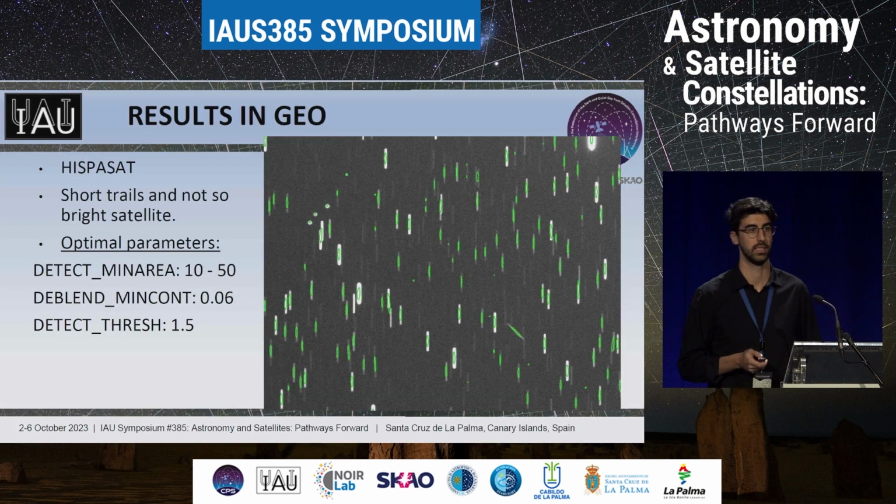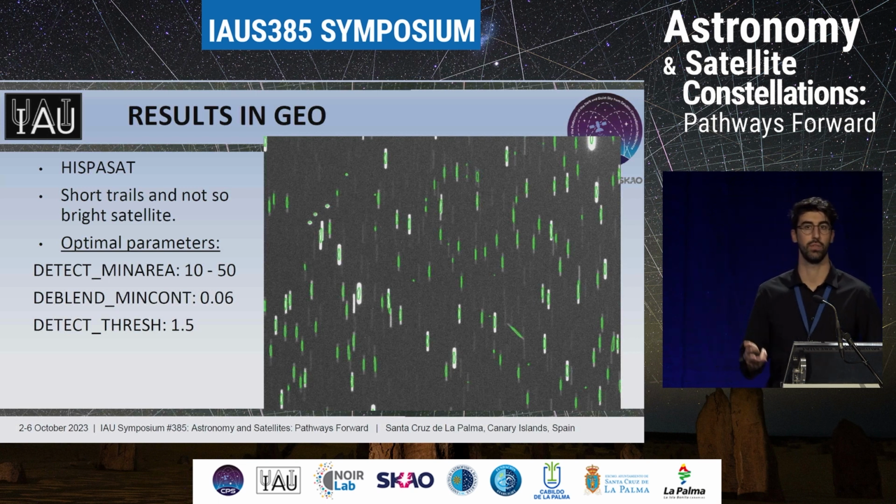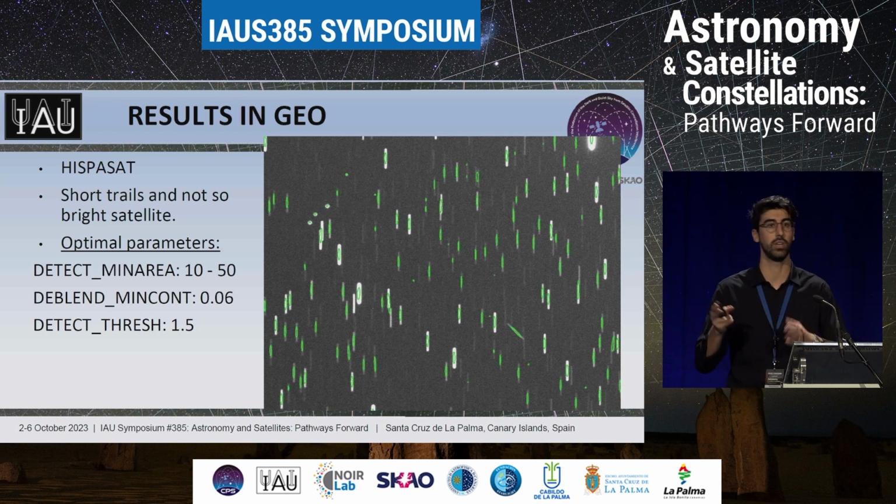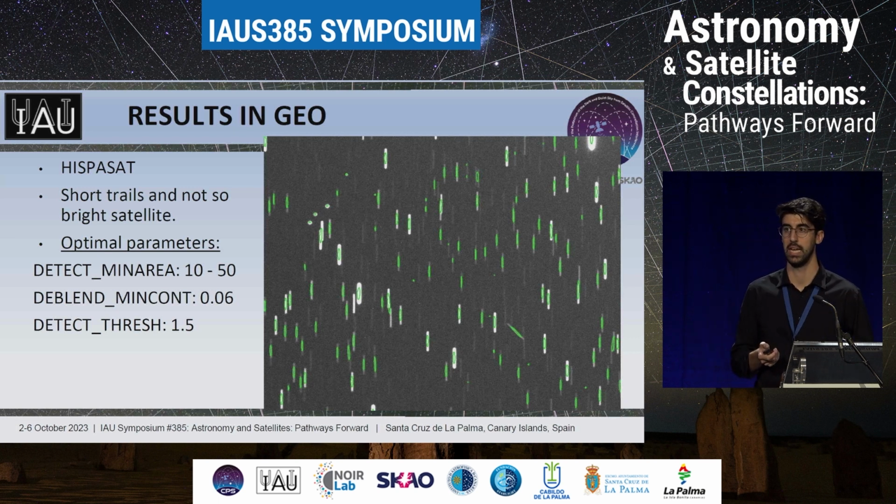If we get into the results, first of all, we tried to characterize our adaptation for geosatellites. In this case, we have Hispasat, a geosatellite of course, and the exposure time of this image was around 10 seconds.